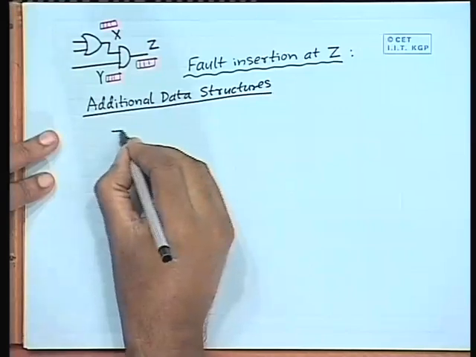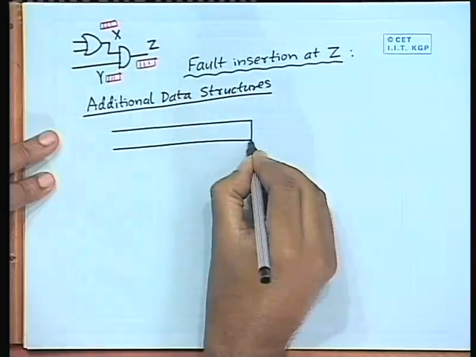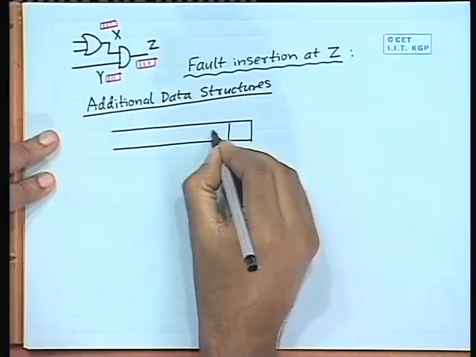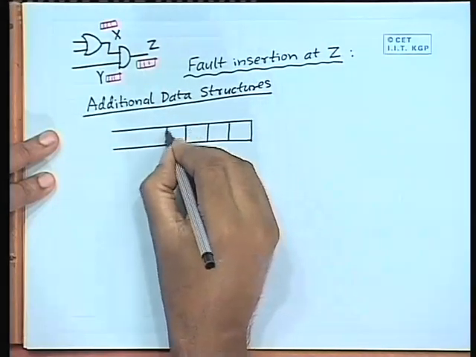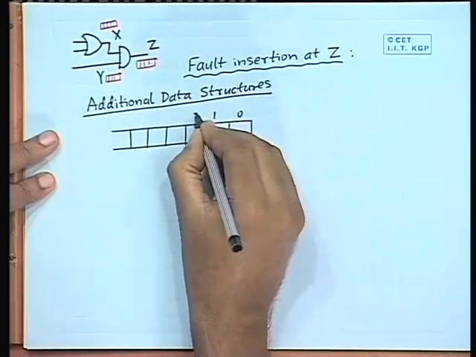First thing that we store, this is also a list. These are the bit positions.